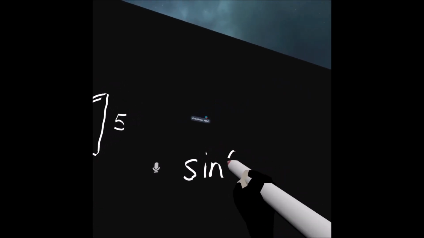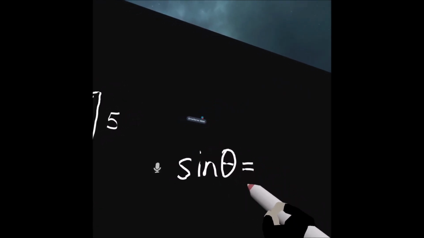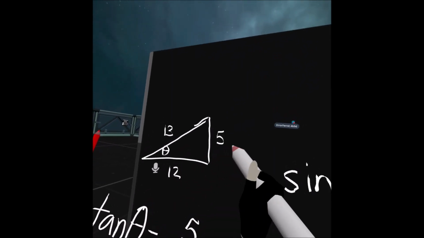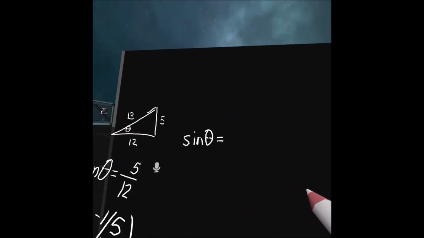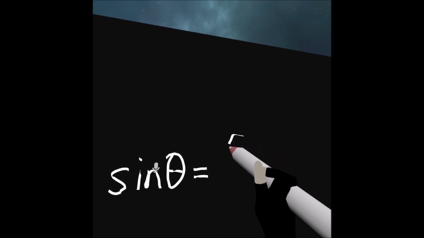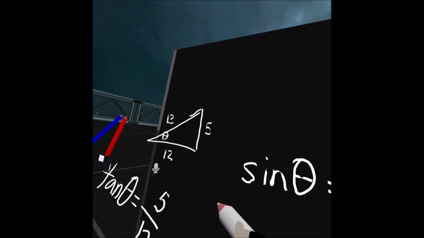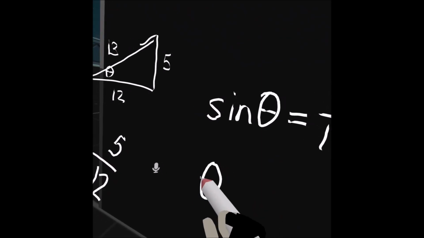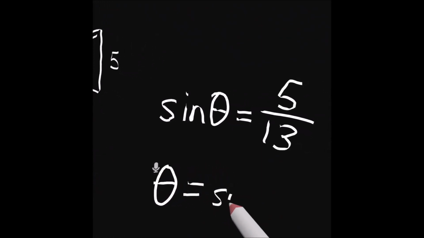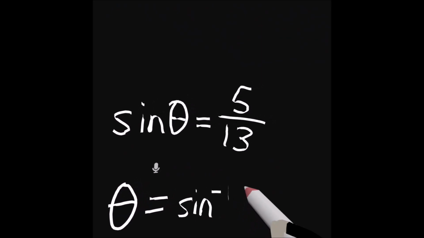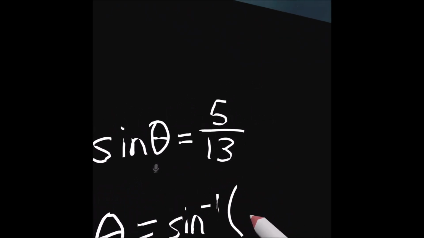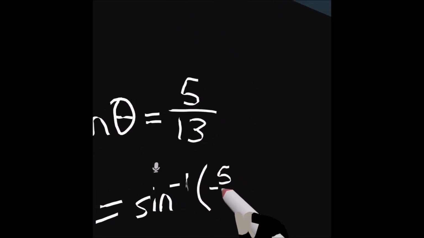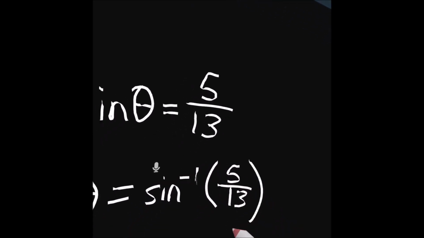You can also use sine as well. Definitely, you can use sine theta, right? Sine theta is opposite over hypotenuse. So the side that's opposite to the angle is 5, and the hypotenuse is 13. And so your theta would be the inverse sine of 5 over 13.